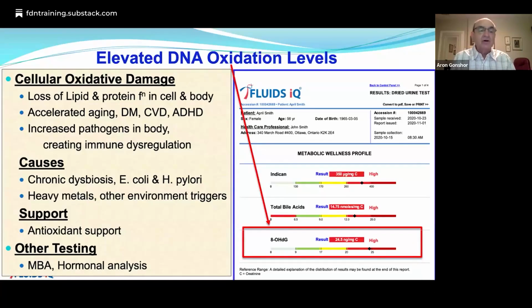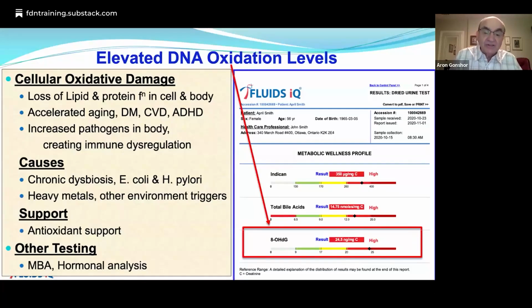The list is very long. There are increased pathogens in the body, which the body can't get rid of properly. And so that creates immune dysregulation. And when those large guns are going off and the immune system is not properly balanced, that can cause massive problems.